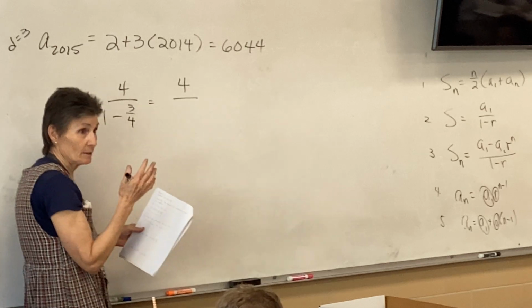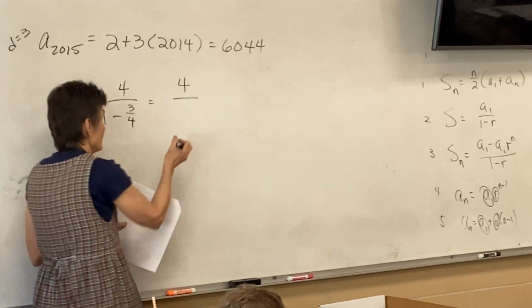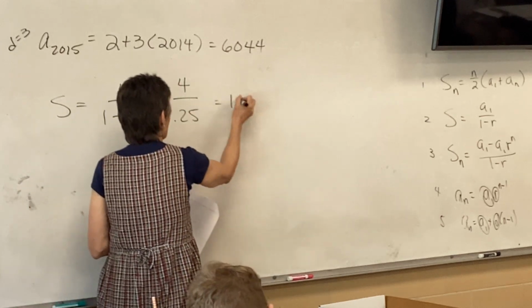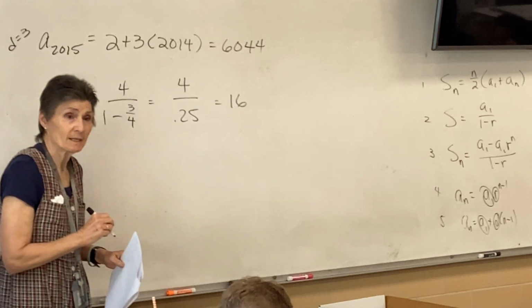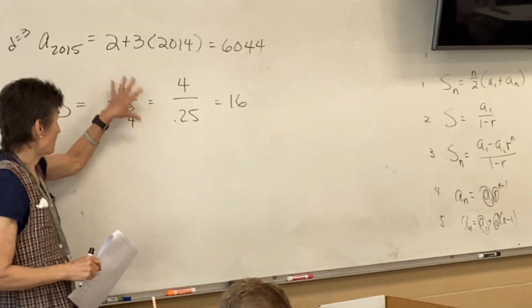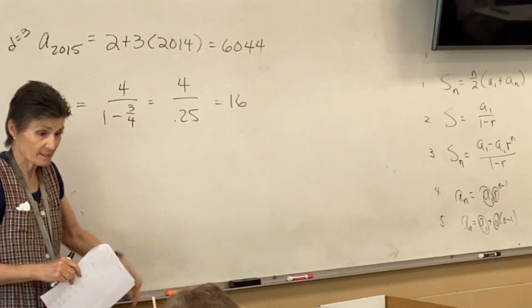But if you do it on your calculator, it might say 0.25. Doesn't matter. Just make sure that you're getting 16 as the answer to the question. So take a minute, type that, somehow figure this out, pretend you gotta figure that out. Make sure you can get 16.